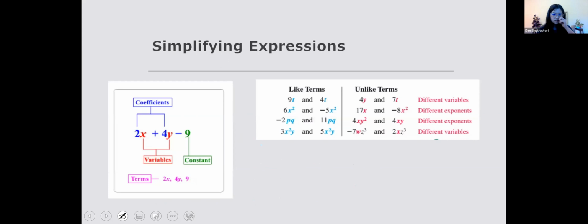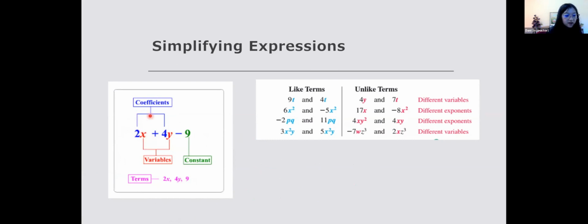All right, now we'll be simplifying equations. First we look at this expression. The coefficients are the numbers in front of the variables.